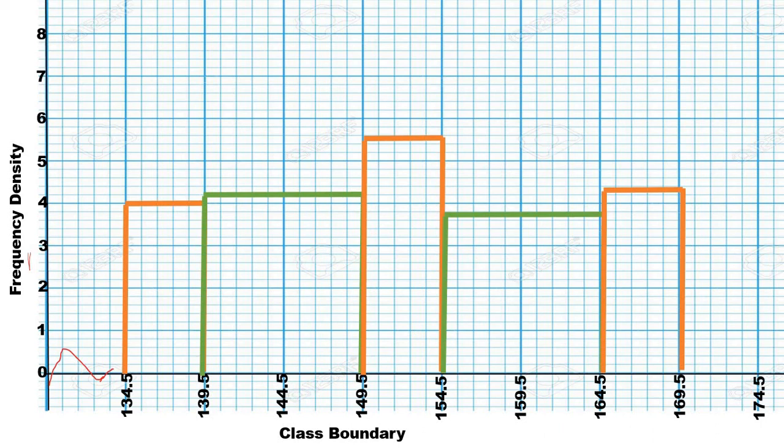There I will join the vertex of that bar to the one on the left and then to the one on the right. Where the two lines intersect, I will draw down to the boundary. You can see where I have it on the boundary.